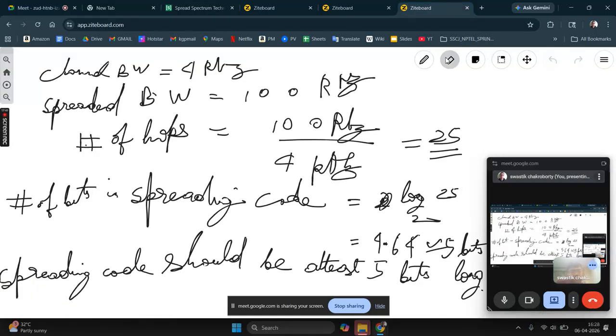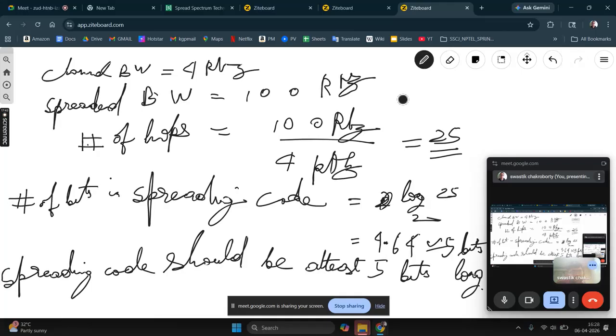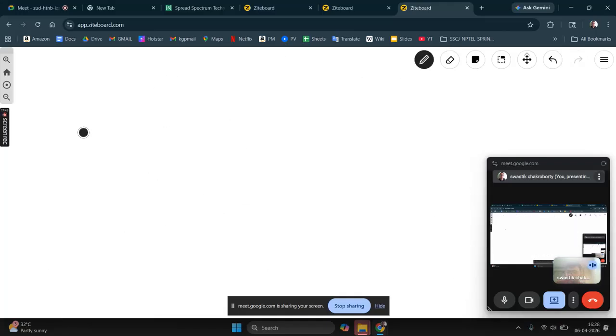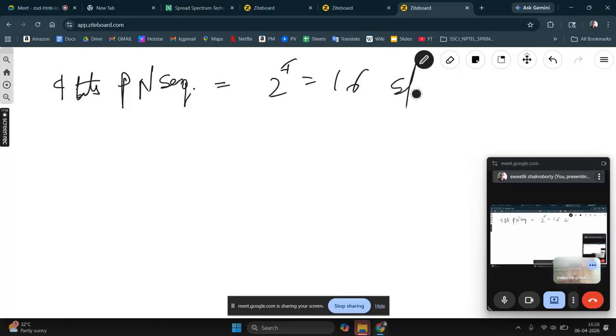The number of hops does not depend on the bit rate, it depends on the number of bits, because a 4-bit PN sequence implies 2 to the power 4 equal to 16 spreading codes.